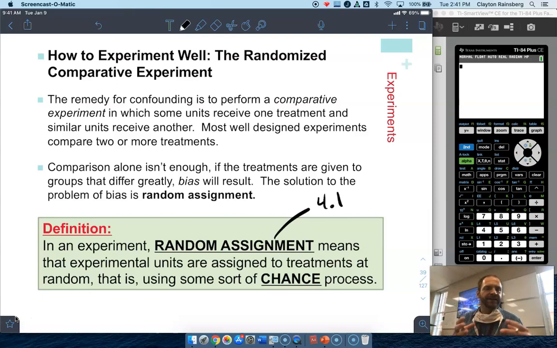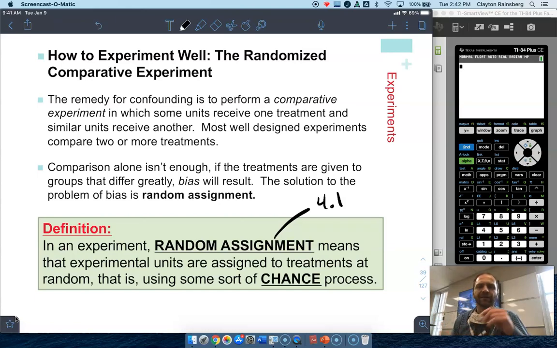You can use identical slips of paper in a hat, mix thoroughly without peeking, draw, don't replace, draw again. That's how we're going to do random assignment in this one. The experimental units are assigned to the treatments at random, and by doing that, we're using a chance process that allows us to control for those confounding variables that may be behind the scenes.